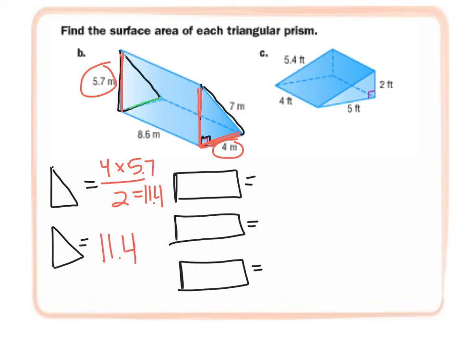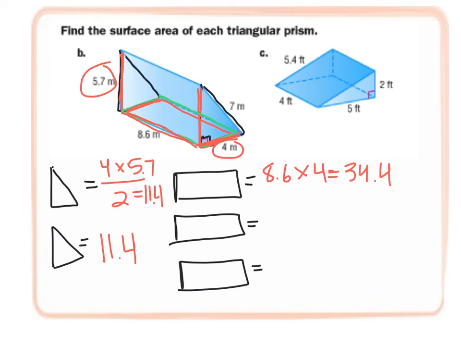Now I have my rectangles. I'm going to do my bottom one. I always think that one's really easy to see the dimensions. I see my length is 8.6 and my width or my height is 4. I'm going to type that in, 8.6 times 4, 34.4. So it equals 34.4. Okay, so I did that one.